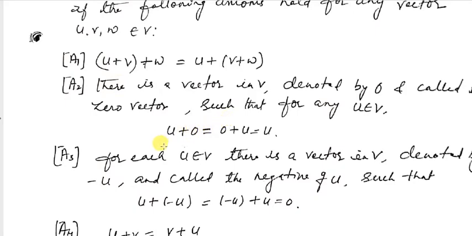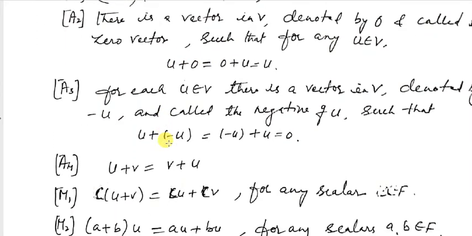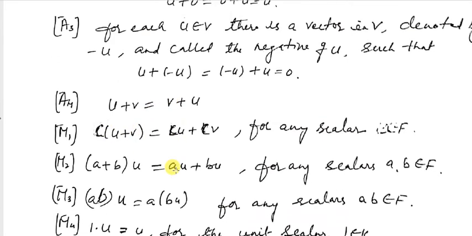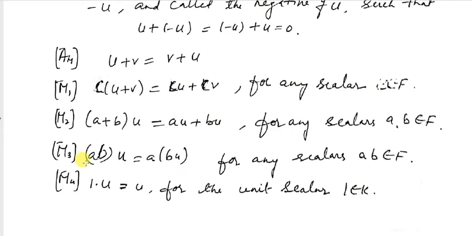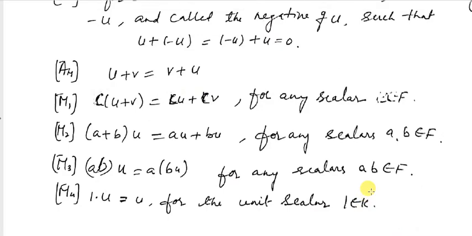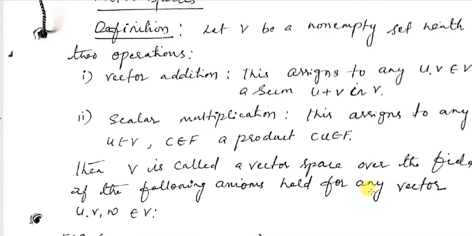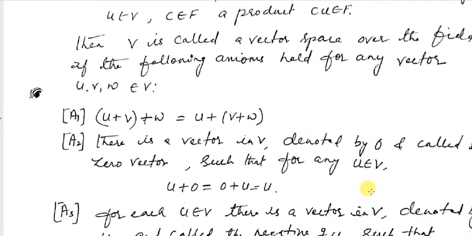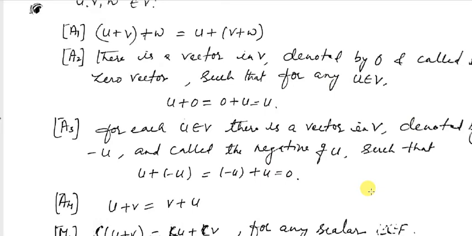Then the identity axiom, the inverse axiom, the commutative axiom with respect to addition, then scalar multiplication with respect to addition, then the distributive law, and then again scalar multiplication: ab times u is equal to a into bu for any scalars a, b belonging to F. 1 into u is equal to u, where 1 belongs to F. So with respect to addition and scalar multiplication, if the elements of V satisfy these axioms, then we say that V is a vector space over the field F.